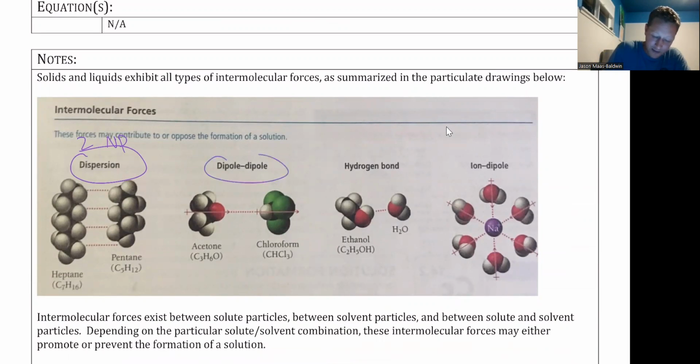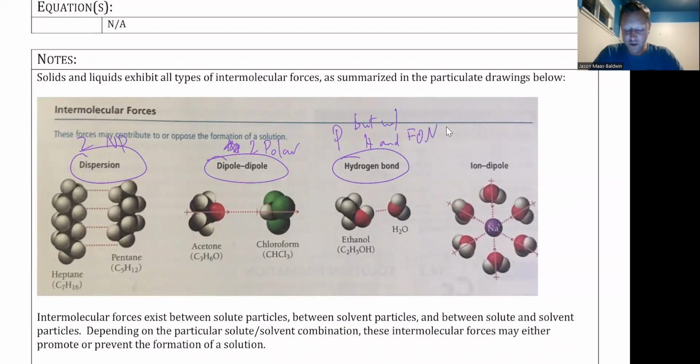If they're two polar things, then they're going to exhibit dipole-dipole attractions for each other when they mix. If they have the capability of hydrogen bonding, which remember is a polar bond, but with hydrogen on the same atom and FON, hydrogen bonding is FON, fluorine, oxygen, or nitrogen, then they can hydrogen bond.